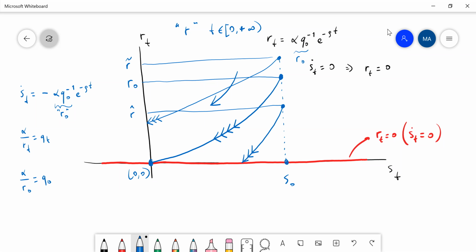So what happens here? At this point, I violate transversality, and at this point, I violate feasibility. So the choice of R at the initial point will be on the saddle path. So this is your saddle path.